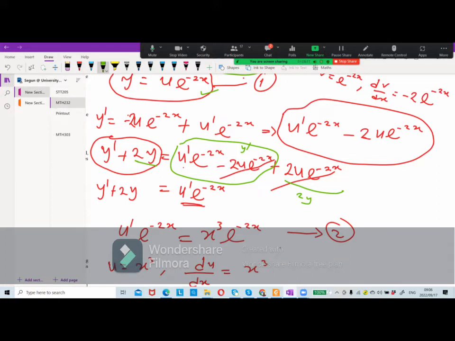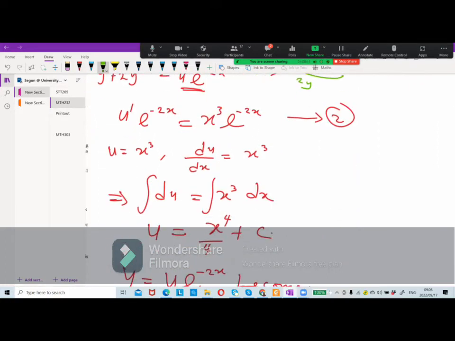Then the next thing to do is I need to find my u out of my u prime. I need to integrate both sides. I know my u is equal to x raised to power 3. Then for u prime now, at this point the one that is equivalent is equivalent to this.